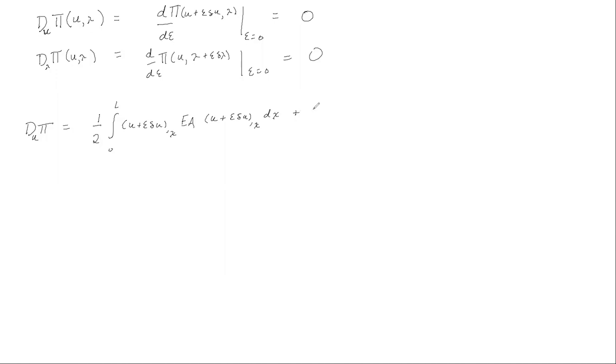plus lambda times u at 0 plus epsilon delta u at 0 minus u naught, minus the integral of u plus epsilon delta u times f dx.